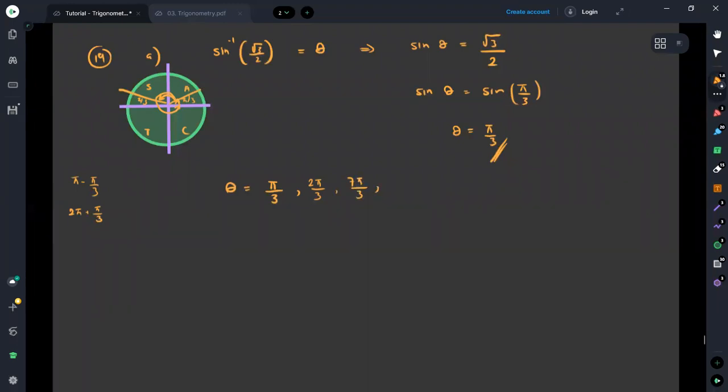Then we can have the next one. It is 3 phi minus phi over 3, altogether 8 phi over 3. In a similar manner, if you continue, then it is 4 phi plus phi over 3, which is equal to 13 phi over 3.